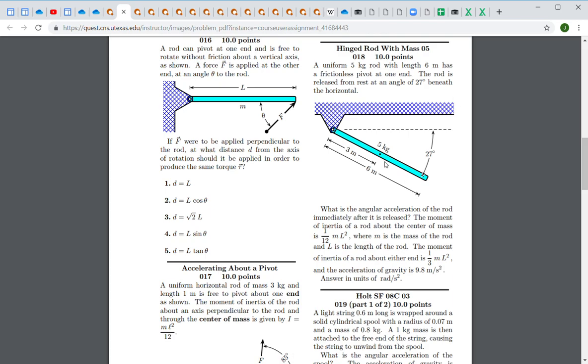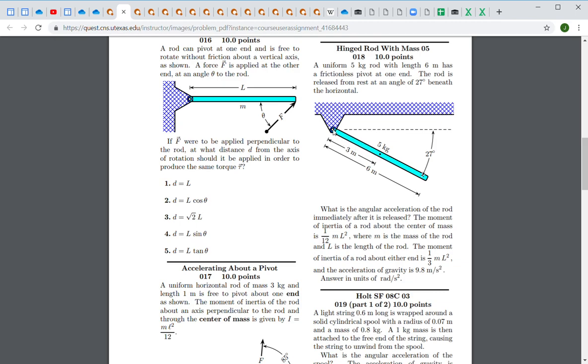In this case, clearly it's assumed to be acting, because otherwise it wouldn't accelerate at all. What's the angular acceleration of the rod immediately after it's released? Well, again, this 1/12 ml squared is not the appropriate moment of inertia for pivoting around one end.